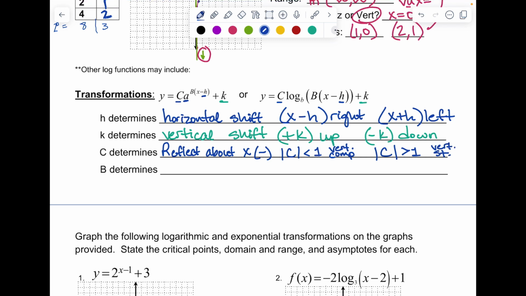Now, this new, unseen-before capital B determines our horizontal stretch or compress. Sorry, I can't write. Horizontal stretch or compress.